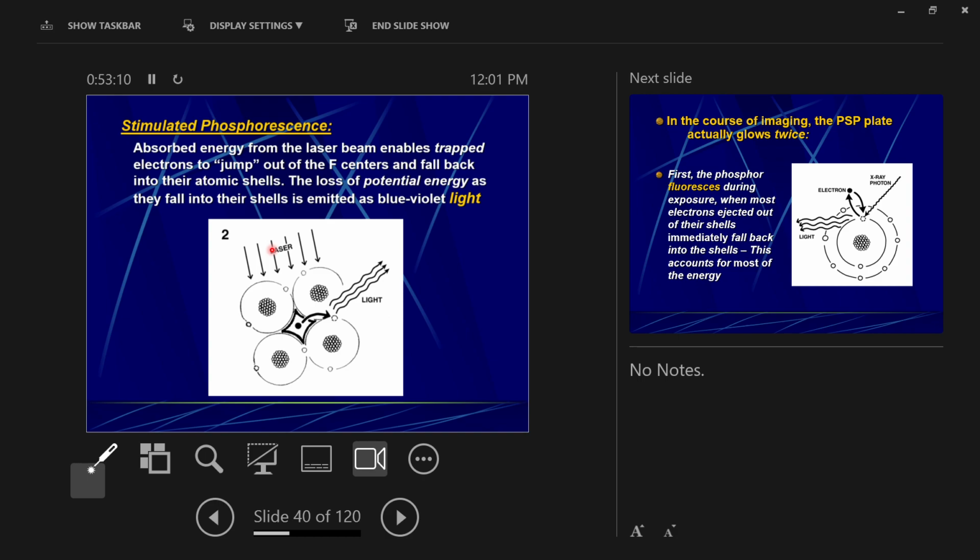But this guy is stuck here. The laser beam comes in and lets this little electron loose out of its trap. It jumps back into its atom, the book begins to fall. When it gets back to its atom, it's going to have to release all of the X-ray energy that it was holding on to from that exposure.